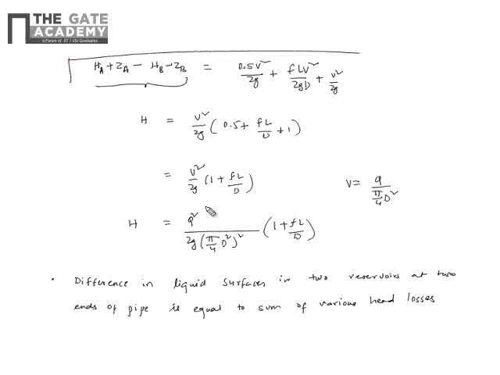That is clear from this statement, right? The difference in the free surface or the reservoir levels is basically the sum of the various head losses.